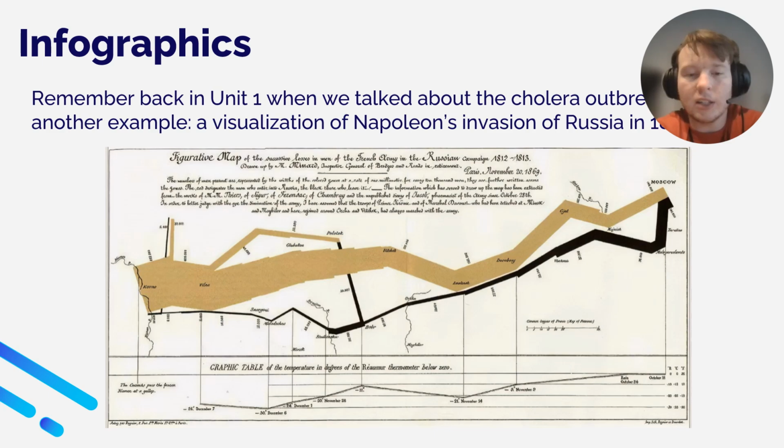And another thing that you can see is on the bottom, the temperature in degrees of this thermometer. It's not the Fahrenheit scale, which is a little bit confusing, but you can see where the temperature drops at different points. And I think they do have a Celsius and Fahrenheit translation there as well. And what this really shows is the failure of this invasion because so many men were lost across the course of the advance and then even in the retreat.